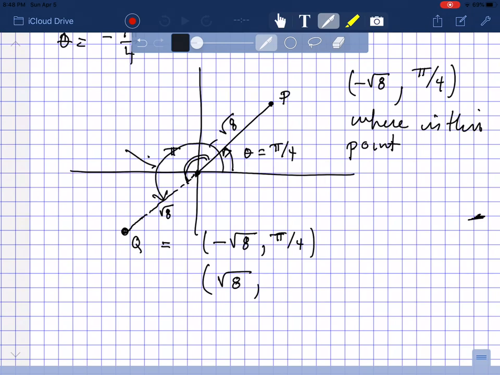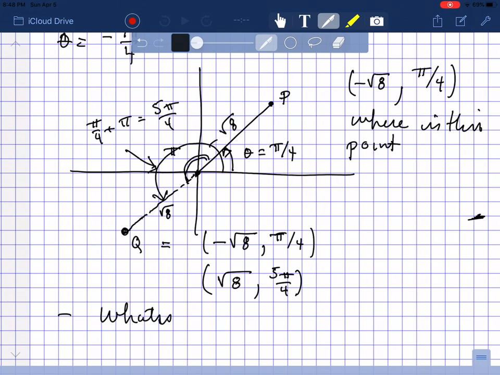And then this angle is going to be pi over 4 plus pi. So if I measure this angle here, this is nothing more than pi over 4 plus pi, which is equal to 5 pi over 4. Okay?